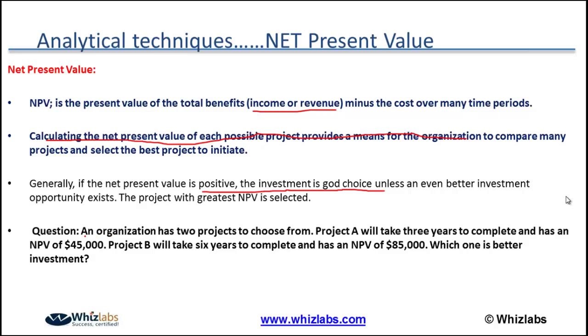So let's understand with a question. An organization has two projects to choose from. Project A takes 3 years to complete and has a net present value of 45,000. Project B will take 6 years to complete and has a net present value of 85,000. Which one is a better investment? Anybody, guys?